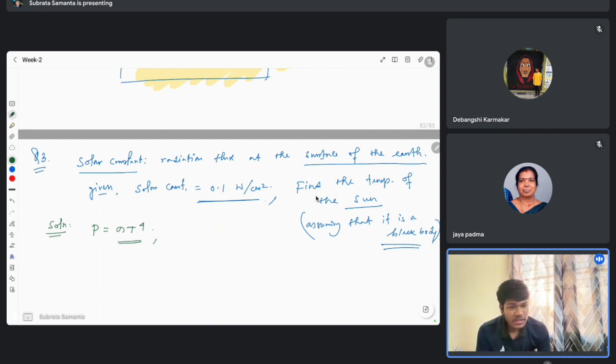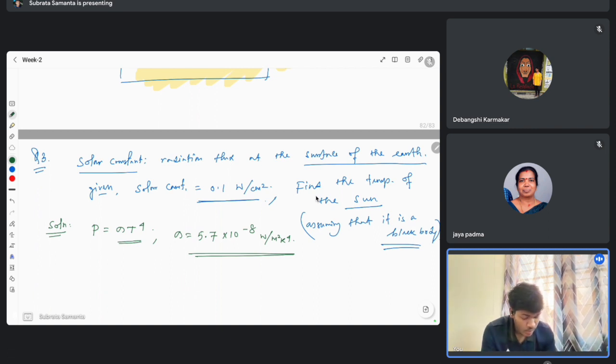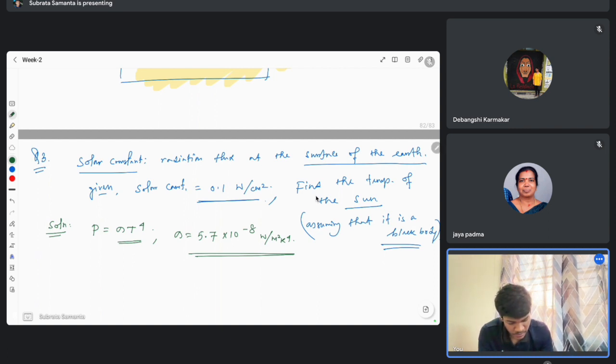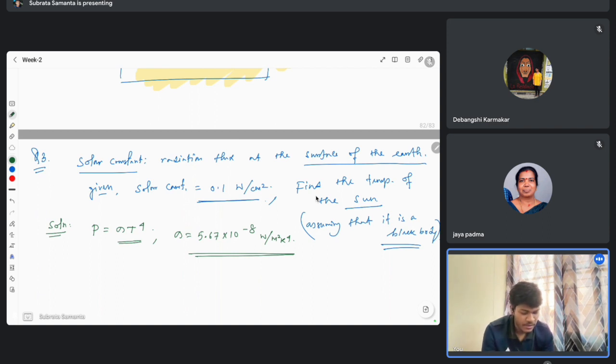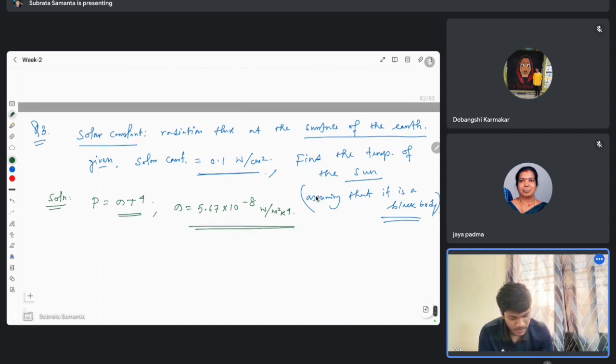Sigma is a universal constant, so we know sigma. It is 5.7 into 10 to the power minus 8 watt per meter square per kelvin to the power 4. So how to remember this? It is actually 5.67. You can write 567 and 10 to the minus 8, that is 5678. In this way, you can remember the value of this constant.